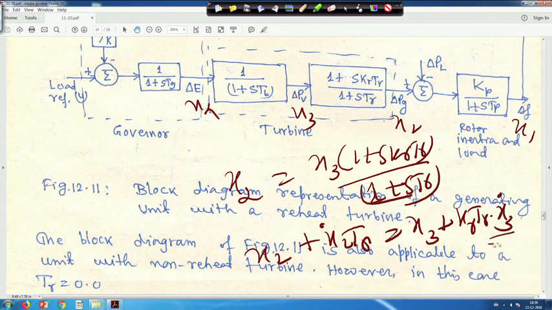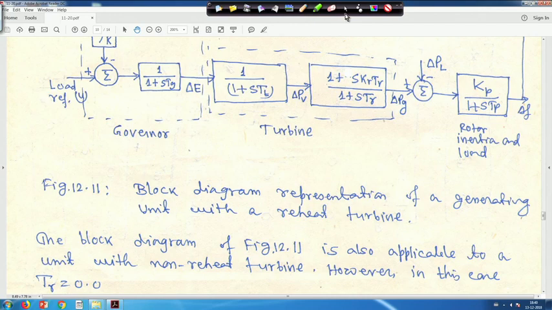To eliminate this x3 dot, you have already got the equation of x3 dot is equal to minus 1 upon Tt x3 plus 1 upon Tt x4, that you will substitute here, such that the right hand side will be free of any derivative term, right. Then all x1, x2, x3 you will get, then x4 you will get automatically. So, this is for your x1, x2, x3 dot.